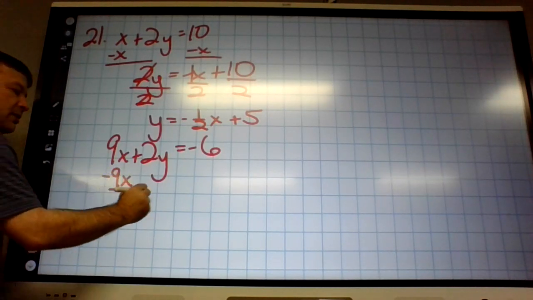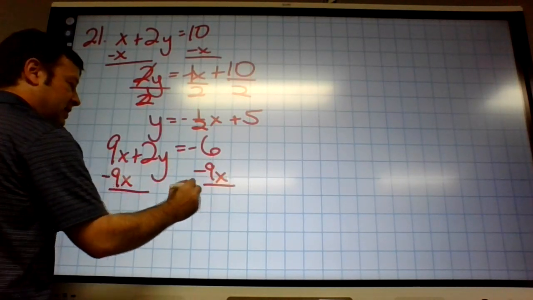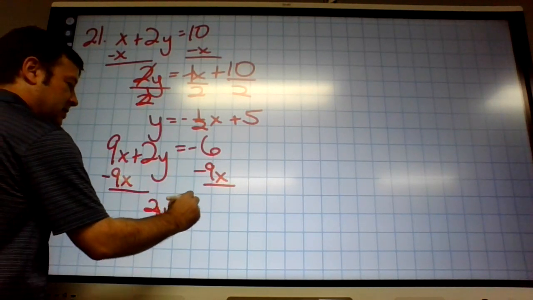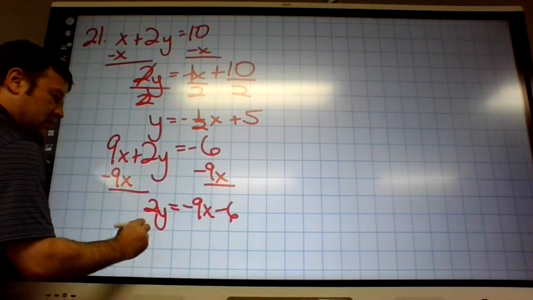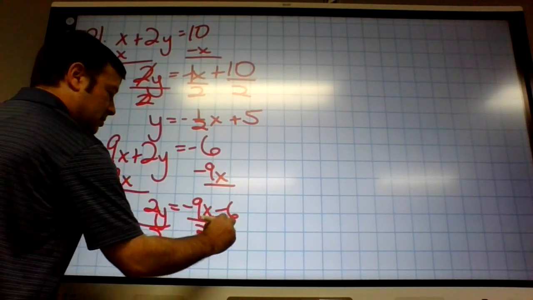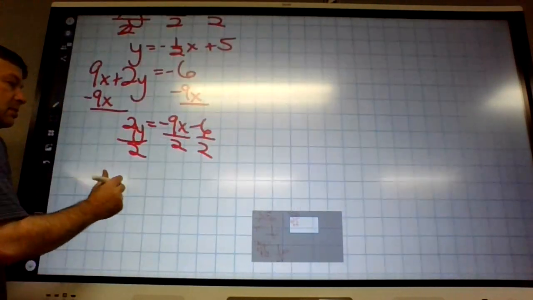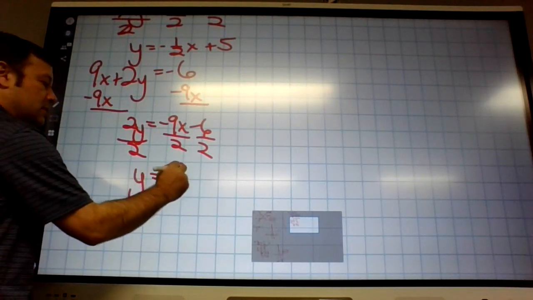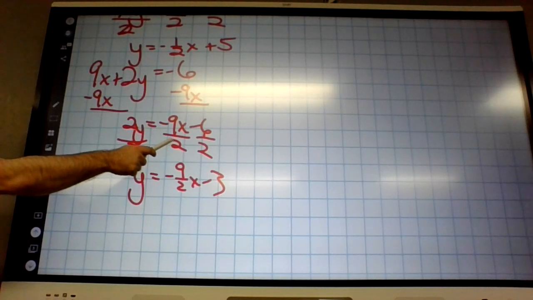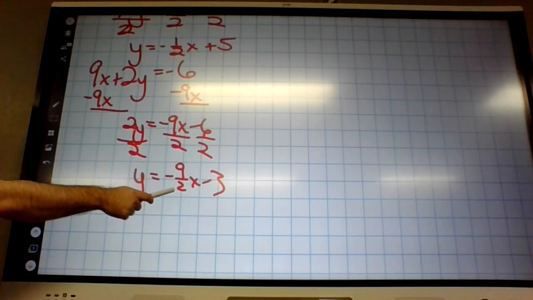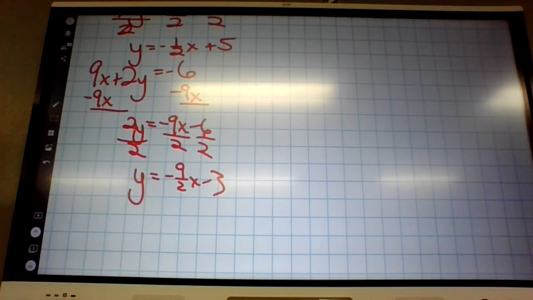And down here, kind of repeat that process, subtract 9x. Okay, 9 divided by 2 doesn't really work, so I just left it as an improper fraction, 9/2.